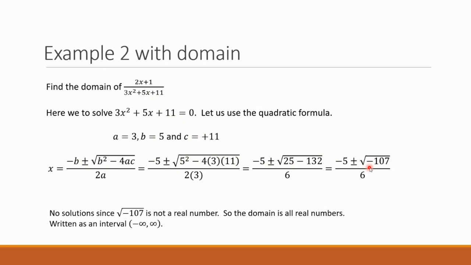Now notice under the square root we have a negative. The square root of a negative is not a real number. What does that tell us? This has no solutions. We're only looking at real numbers here.